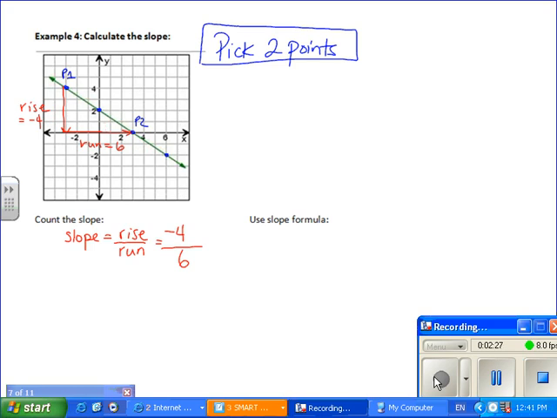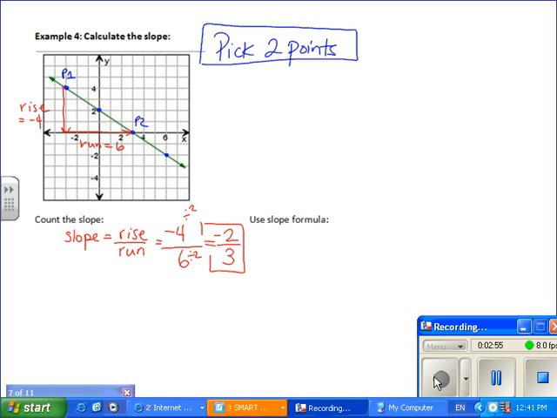I can actually reduce this fraction. 4 and 6, if I want to get that into lowest terms, and I should, are both divisible by 2. So let's reduce this by 2. 4 over 6 is the same as 2/3. There is a negative sign out front because my rise was negative, and so my slope is negative 2/3.